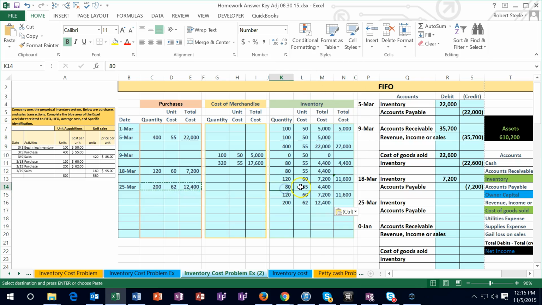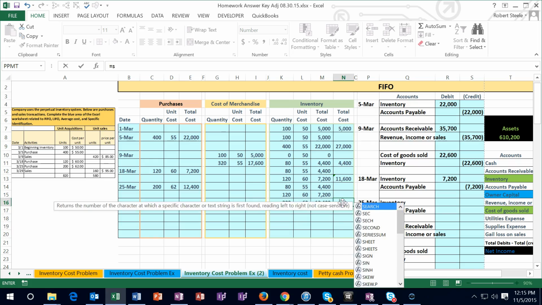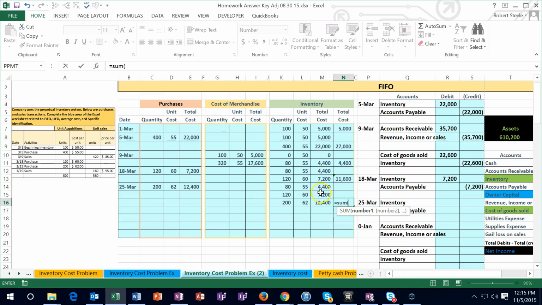So we got 80 units at 55, 120 at 60, 200 at 62. Once again, we have rising prices over time. And I'm going to delete this subtotal, which I shouldn't have included. And then I'm going to sum up these three items, these three rows in the dollar amounts. So we'll say equals SUM, sum of the 4,4 plus the 7,2 plus the 12,4, and that is 24.